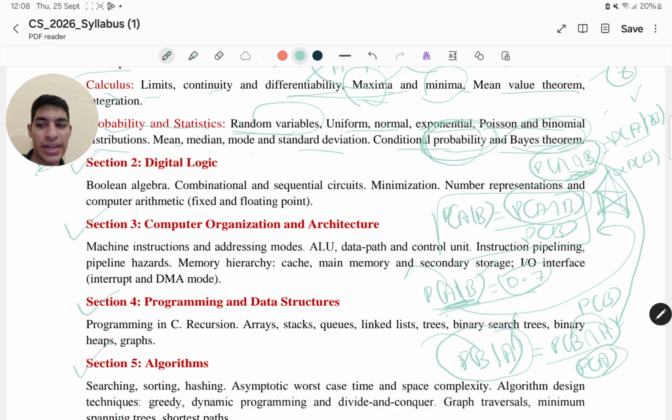That's how you calculate P of B given A. These sorts of questions are pretty common in the GATE and UGC NET exams, which you can calculate very easily because it's a simple formula. You just need to remember the concept and the formula, and you'll be able to do these questions very easily.